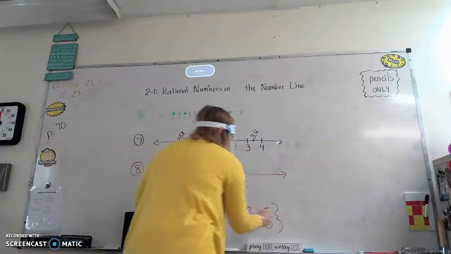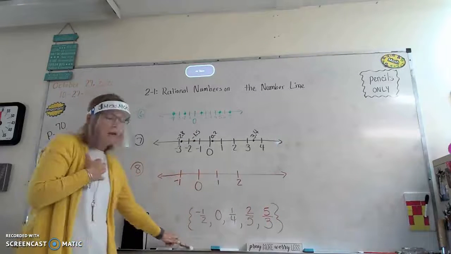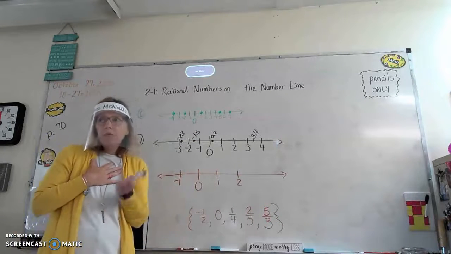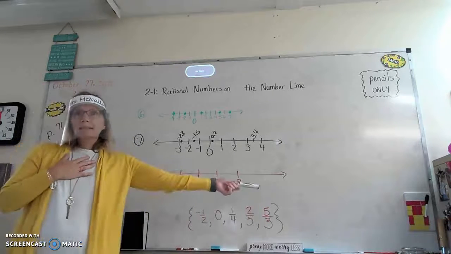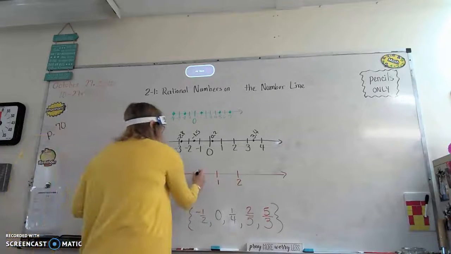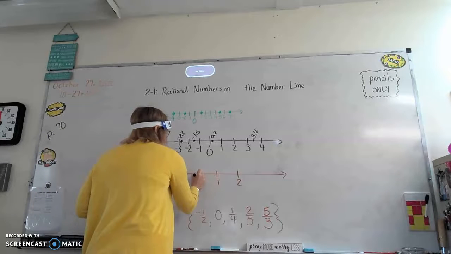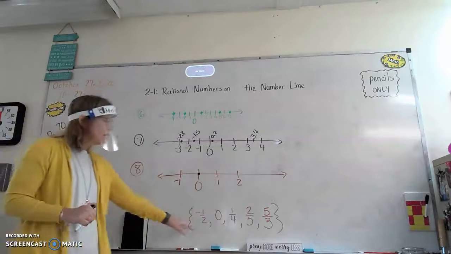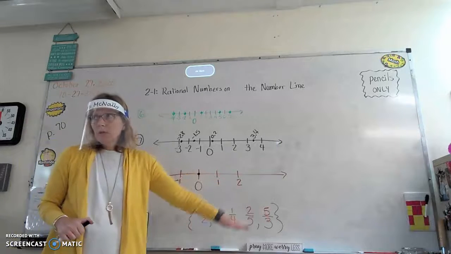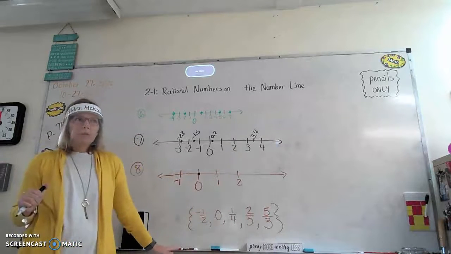So, the easiest thing that I could do first on this one is graph which number? 0. Yeah, the 0 is going to be super easy because 0 is just 0. So I can write it like that. The second thing I'm going to do is turn every single fraction into a decimal. How do I turn a fraction into a decimal?